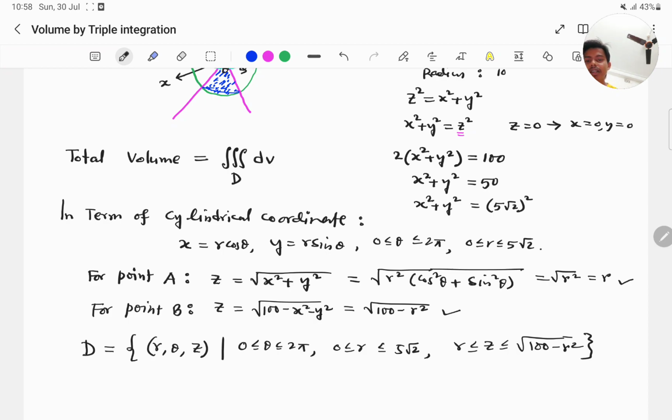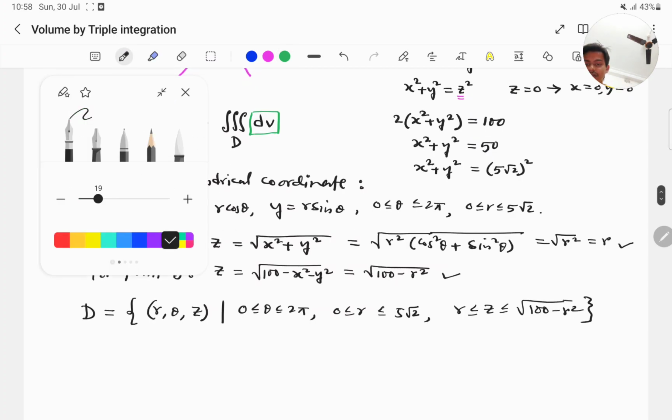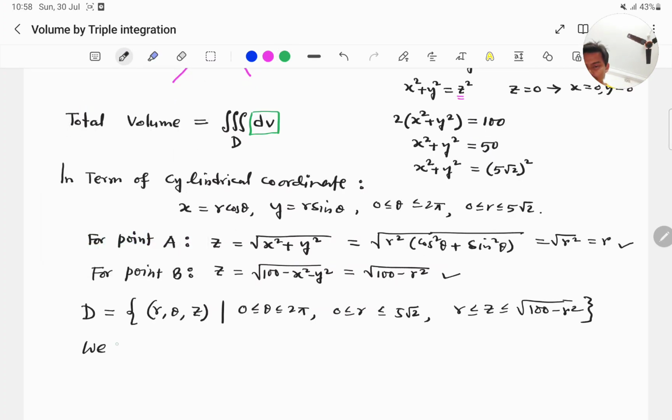Now we need to know how the small volume will change when you write in the cylindrical coordinate. That also we know, that dV equal to r dz dr d theta, I am writing like this.